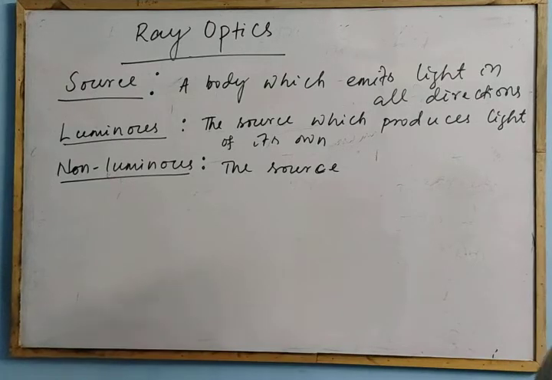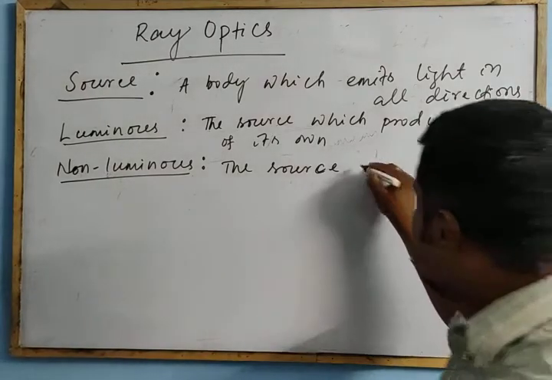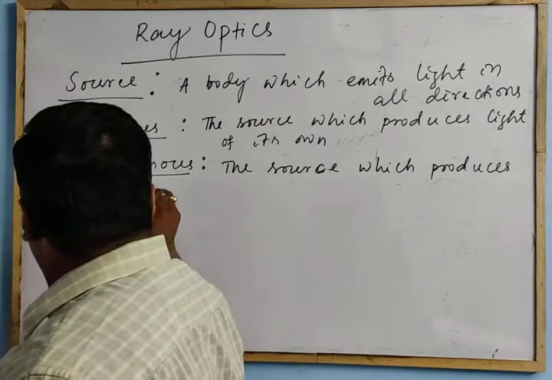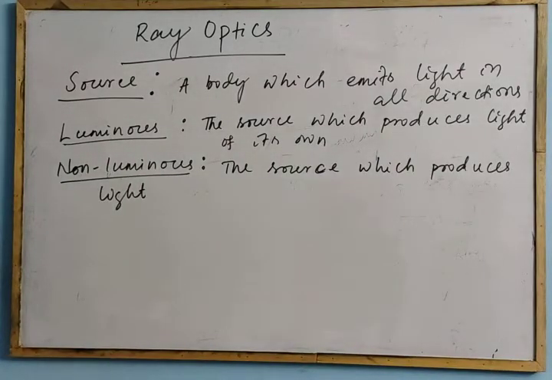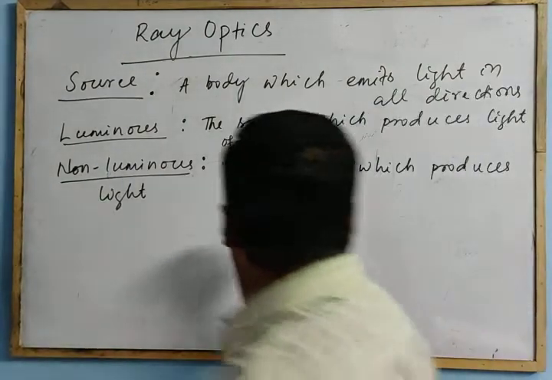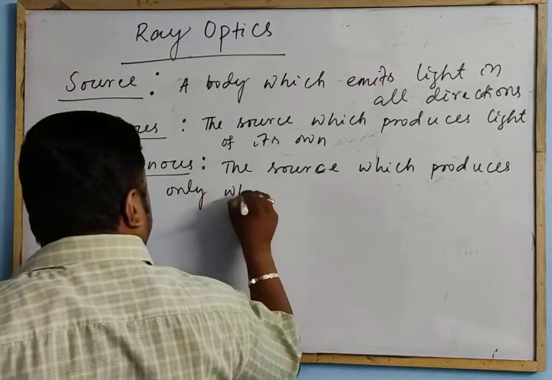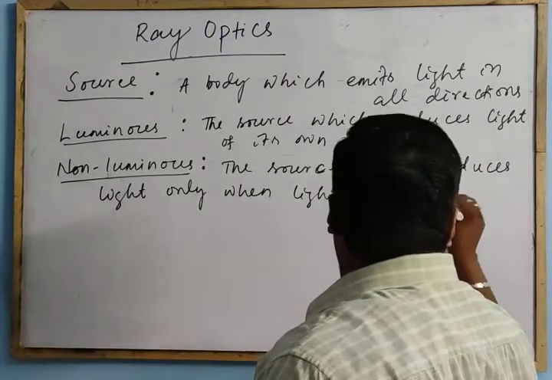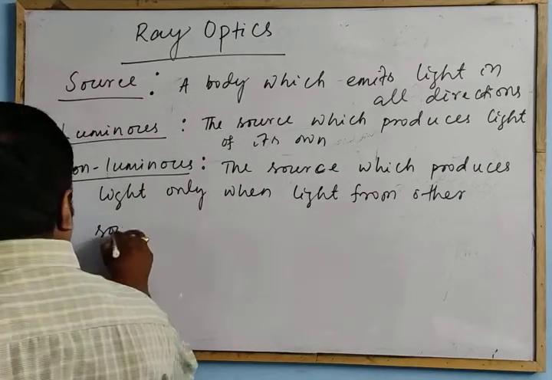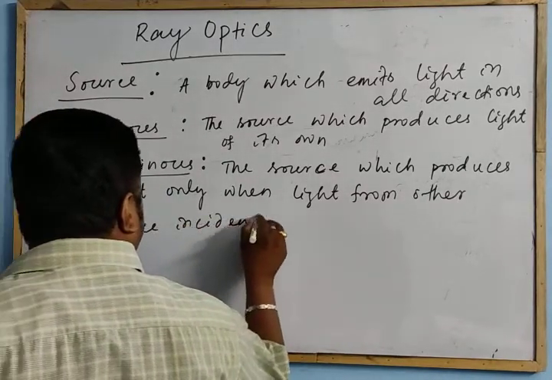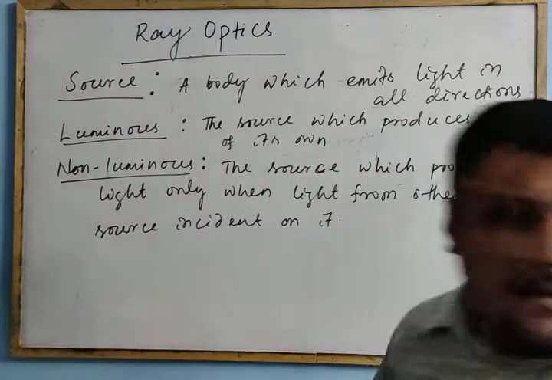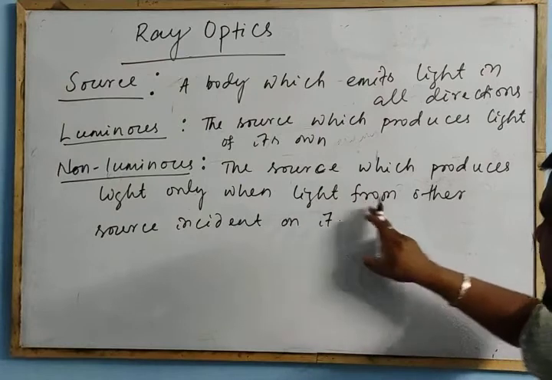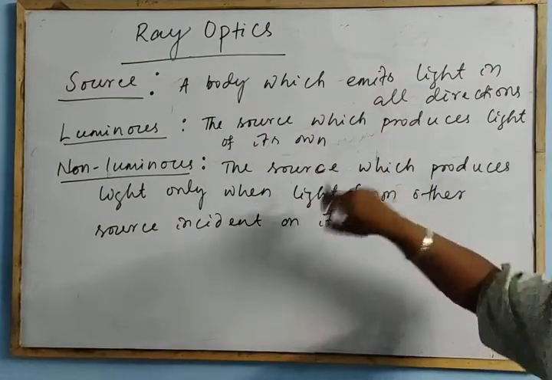About the non-luminous: the source which produces light only when light from another source is incident on it.